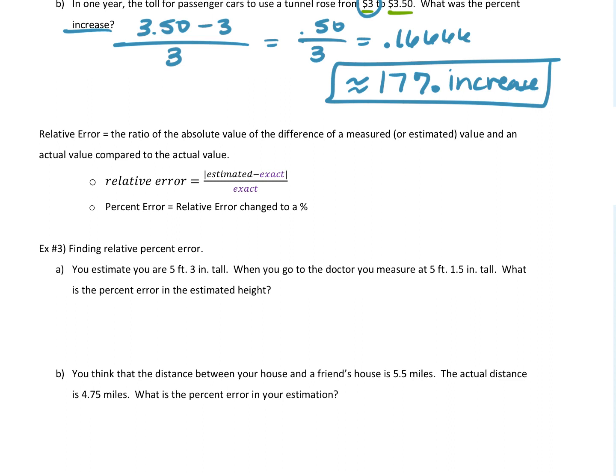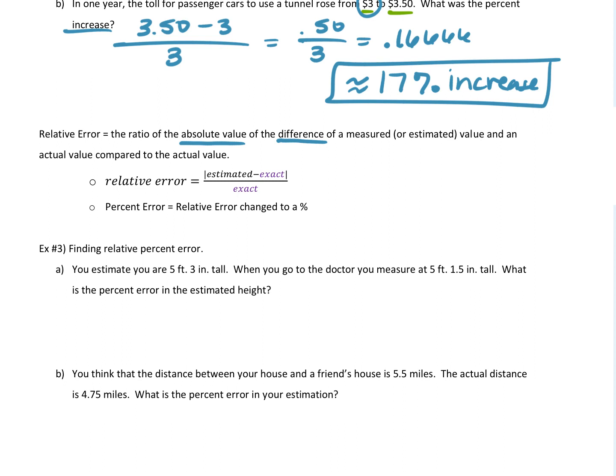So it is the ratio of the absolute value, those are the bars, right, of the difference, that's subtraction, of a measured or estimated value and the actual value that it was. Okay, so we're saying, how far off were we? What is the relative error that we made in our calculations?